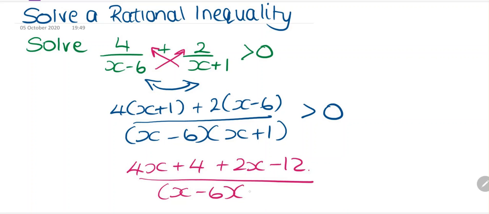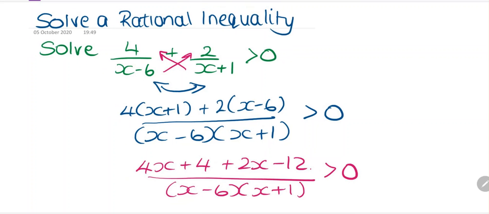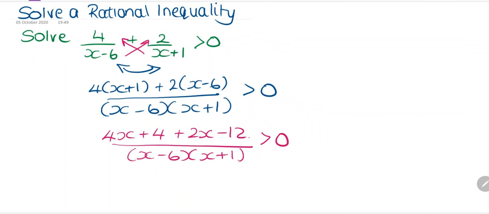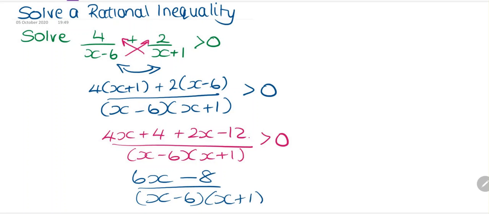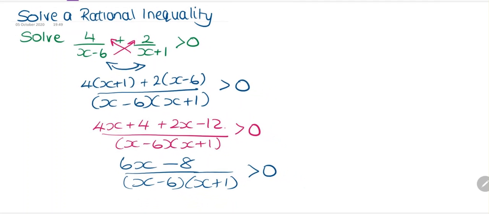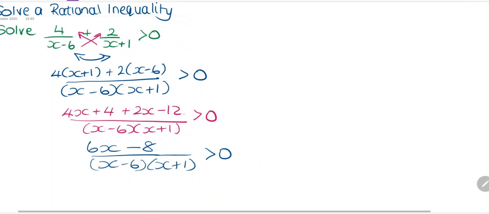And then I need to simplify. So to simplify, we'll have the 4x and the 2x are 6x, and we have minus 8. So this is going to be greater than 0.